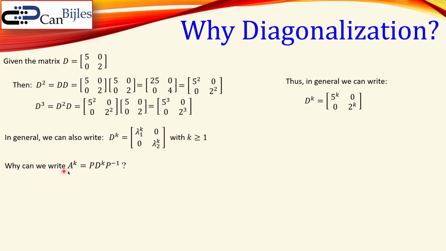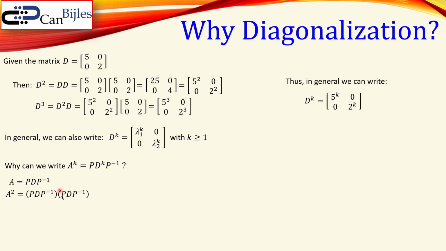Why can we write and why can we use this formula which is necessary to calculate the powers of a matrix using this method? Okay, this is the formula we have. If I want now, let's say a squared in a similar form as d squared, but now the a is given by this p times d times p inverse. So we have here the 3 matrices as a product.